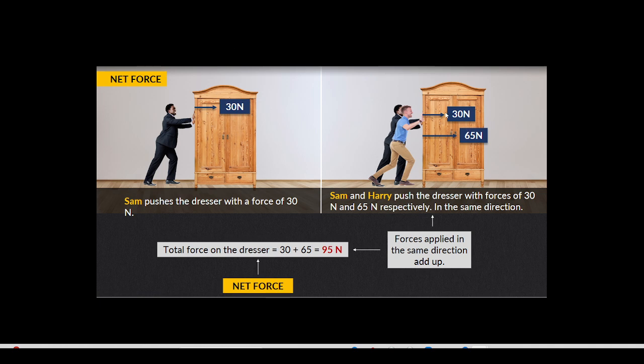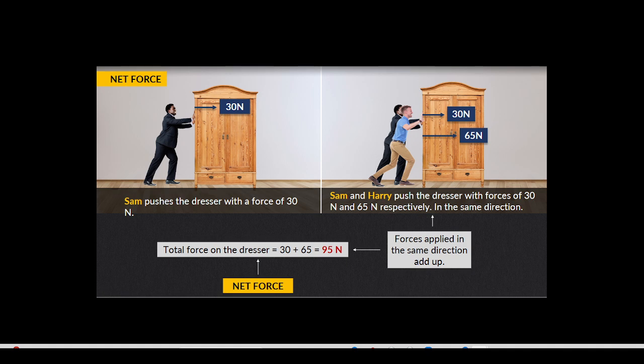What is the total force in the second case? 95 Newton. So the total force on the dresser is 95 Newton.